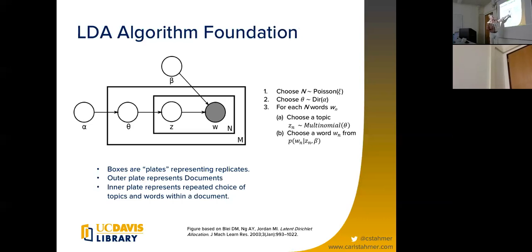For each n words, for each n, we choose wn, the word for that one. And this is our z level here. What we do is we go zn, so that number, it is a multinomial distribution of thetas, because those thetas relate to the words that belong there. So I'm telling you what it is, I'm not telling you how we got it.